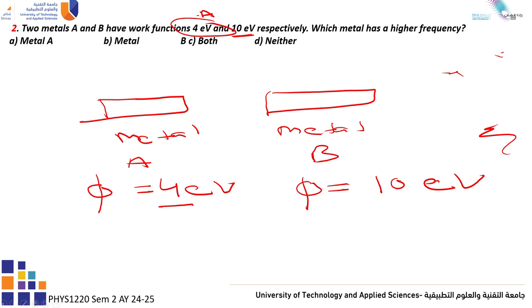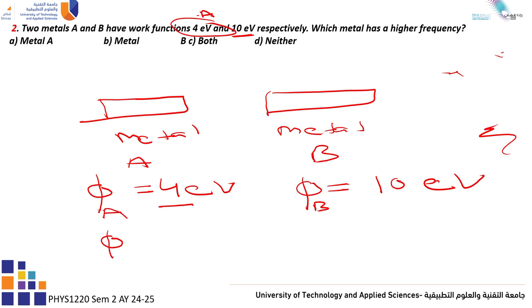Now they are asking, which metal has a higher frequency? Now we have to write a formula which is relating the work function. This is a work function of the metal A, and this is a work function of the metal B. Now here I am writing the formula which is relating the work function and the frequency.